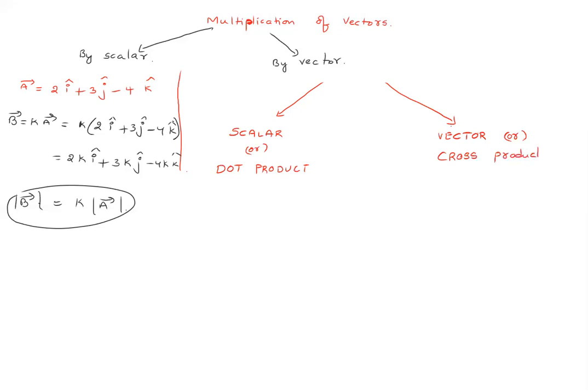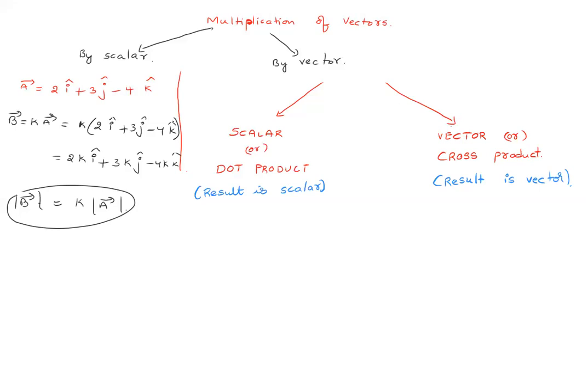Here the result is scalar, here the result is vector. That means the final answer after doing multiplication is scalar in case of scalar product and vector in case of vector product.